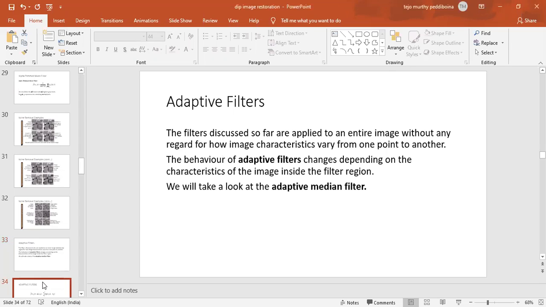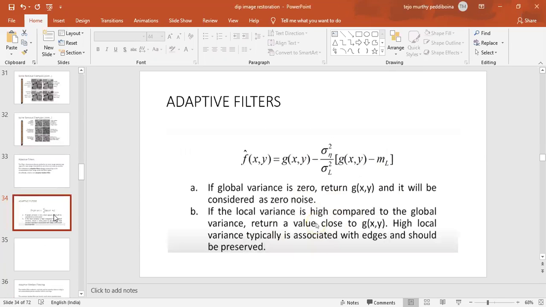If we see, the adaptive filters always try to minimize the error between the original and the f cap of xy. So this is the formula for adaptive filters, where f cap of xy is the estimation of the original image f of xy, and g of xy is the degraded image.